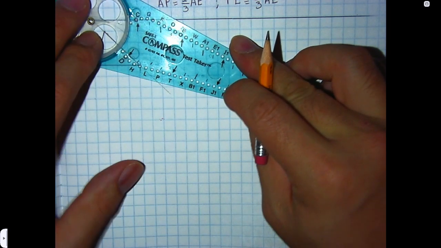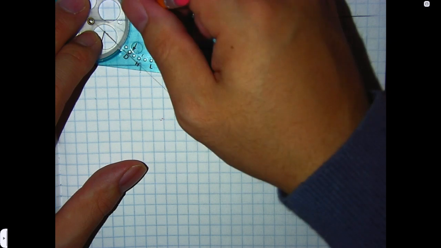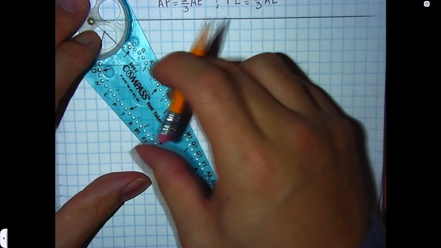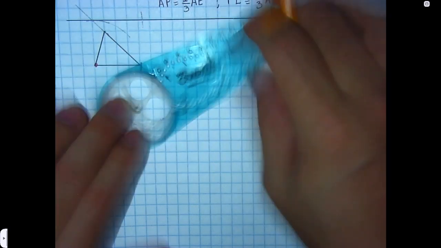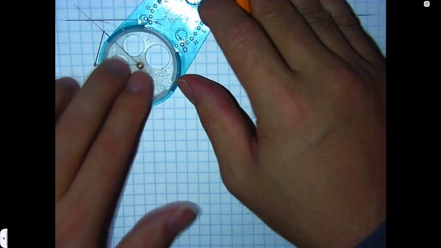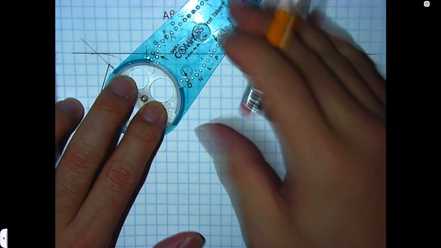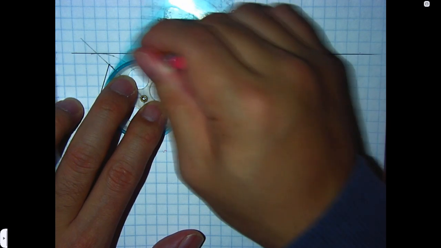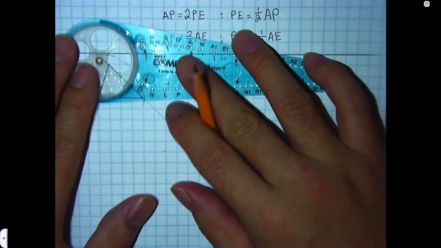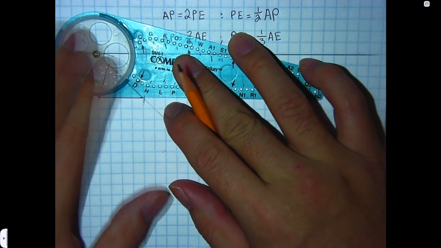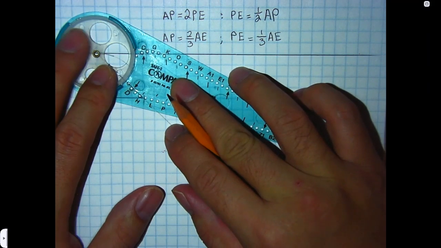And from there, I'm going to go ahead and find the intersection of some congruent arcs. Let's go ahead and do a little bit longer. So this portion and this intersection, this portion. Okay, let's make sure that's correct. So the intersection here. Oh no, that's not right.